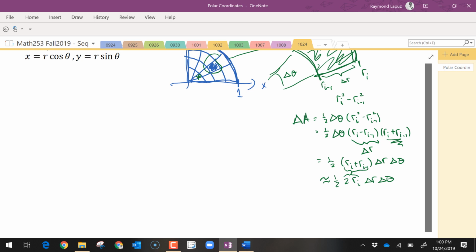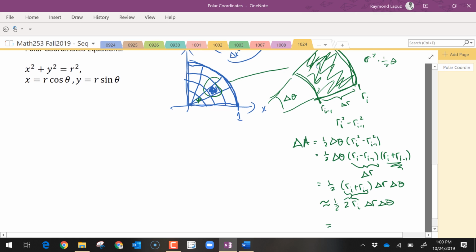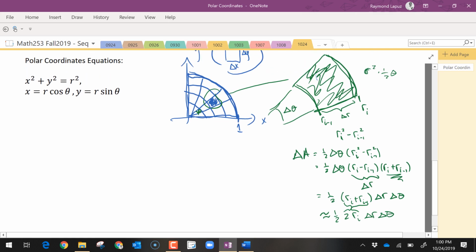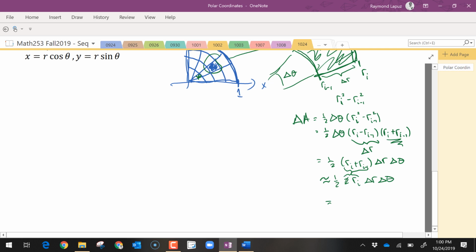And so it looks like our area element isn't going to be exactly delta r delta theta like it used to be, just the delta x delta y. It actually will have an extra r in it. So that's what happens to our delta A. And as we let the number of partitions go off to infinity, and I'm being kind of loose here, there's partitions for the theta, and there's partitions for the r that make up this thing.